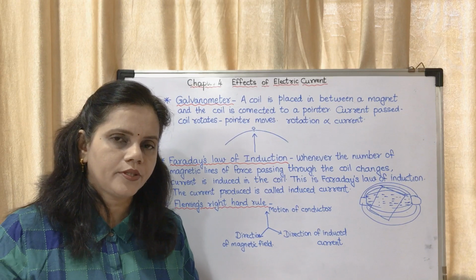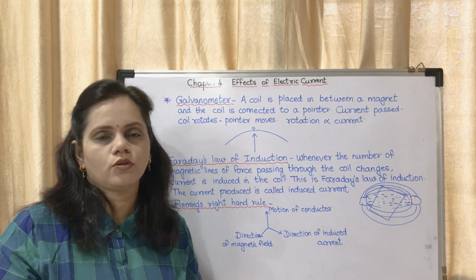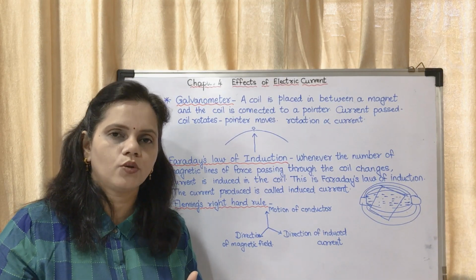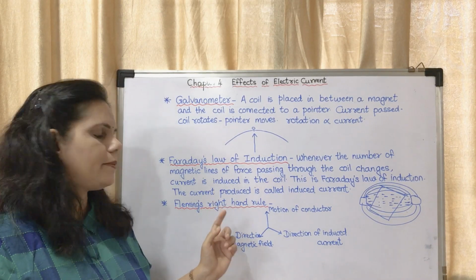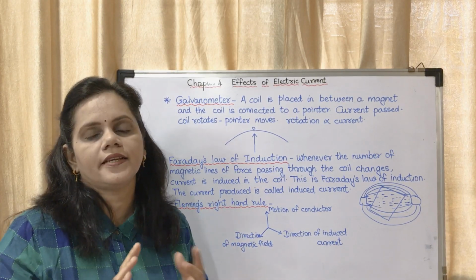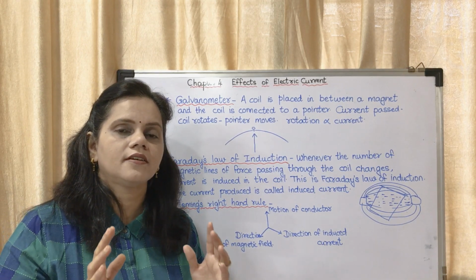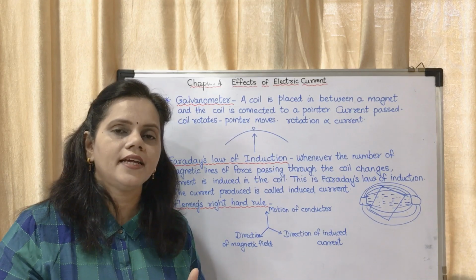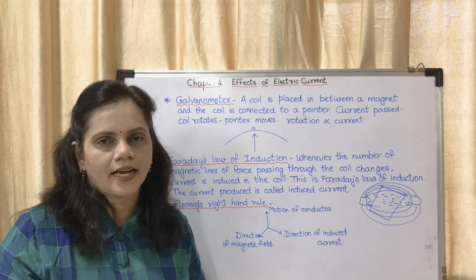So in this chapter there are five rules. First is right hand thumb rule. Right hand thumb rule and Fleming's right hand rule are different. Whenever you get a question, first read carefully and see whether it is right hand thumb rule or Fleming's right hand rule.